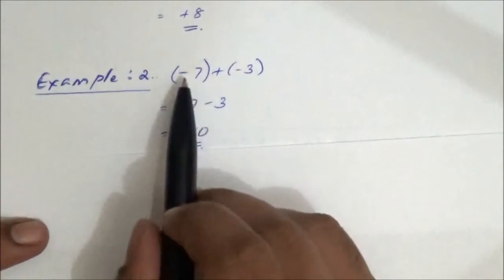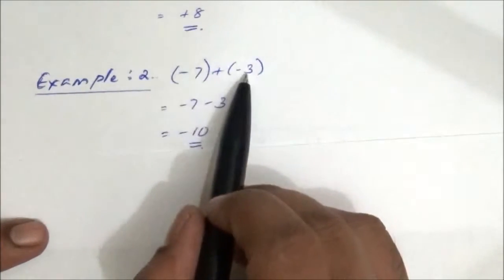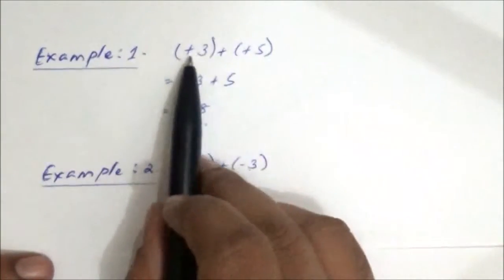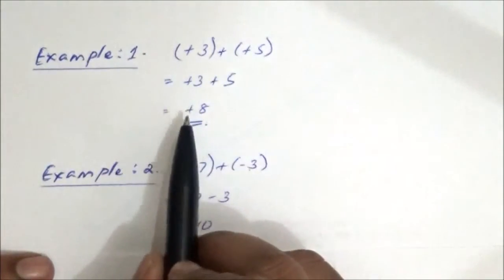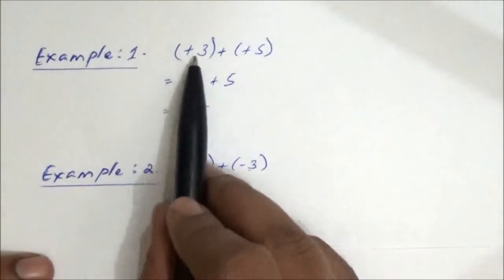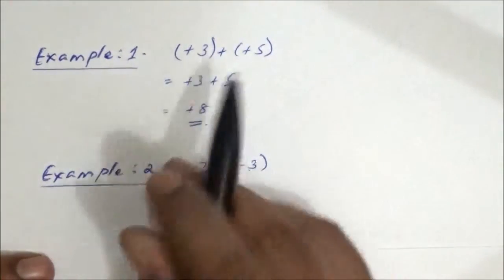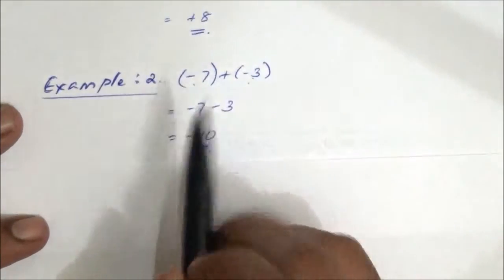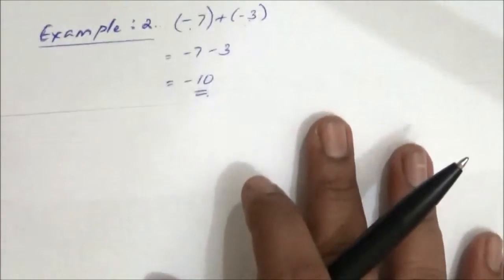Same sign. Earlier +3 and +5 gave +8, both plus, so the final answer is plus. Here -7 and -3, the final answer is -10.